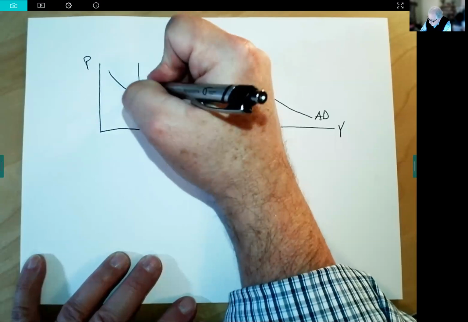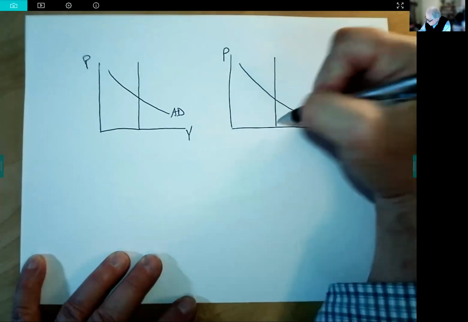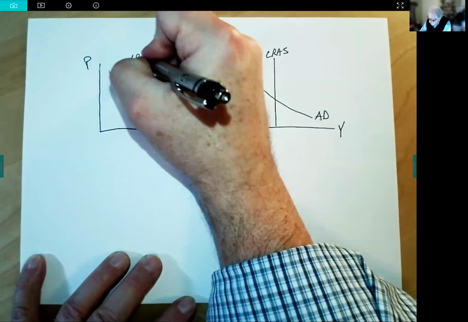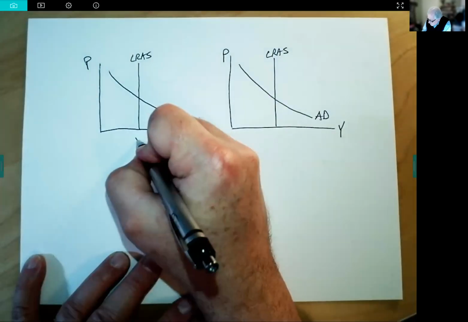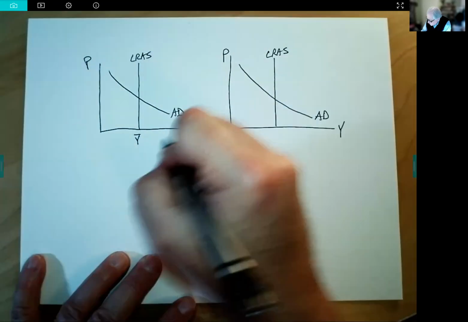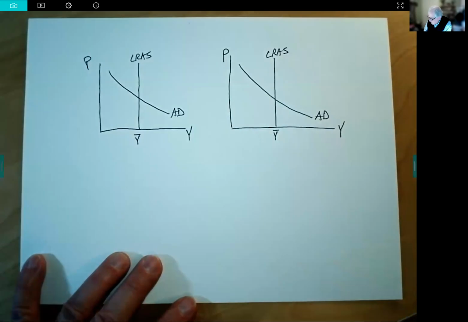And long-run aggregate supply. Long-run aggregate supply marks potential GDP. So it's Y with a bar over it. Potential GDP, the amount of output that could be produced at full employment.